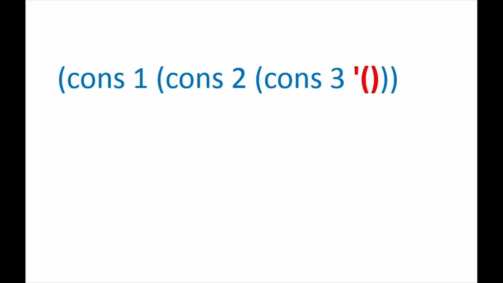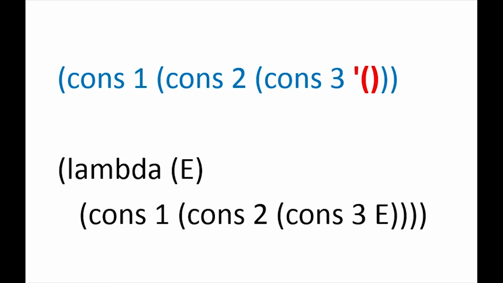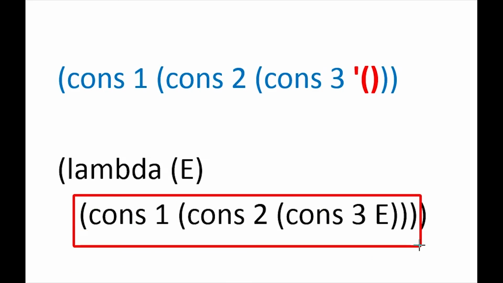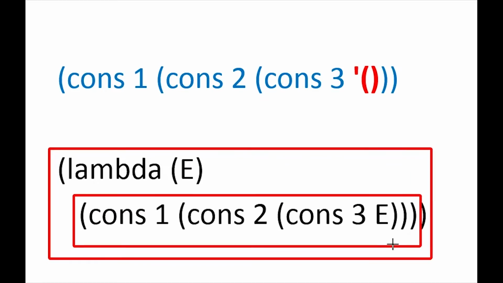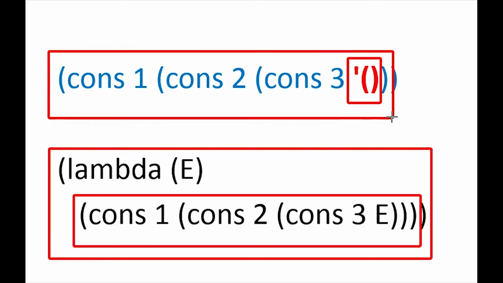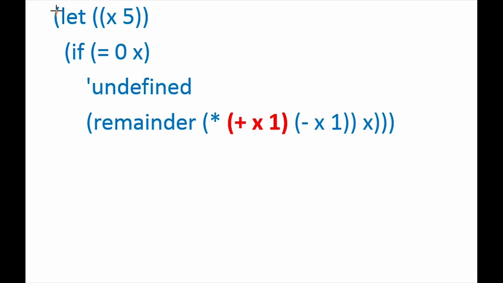And again, we can capture the continuation as a function. So this idea of consing 3 to, consing 2, consing 1 is this body in this function, which represents the continuation of this point in this context.